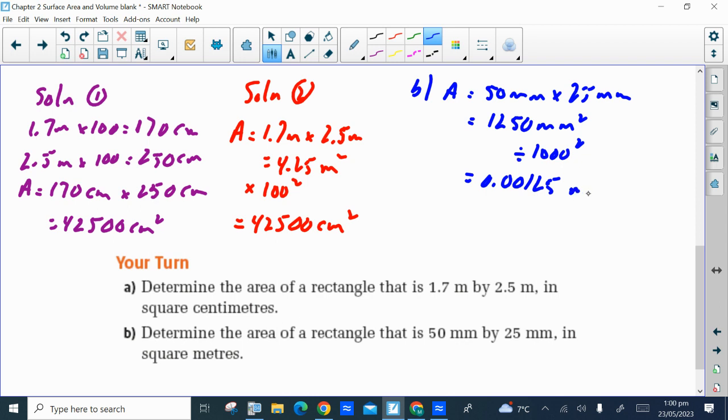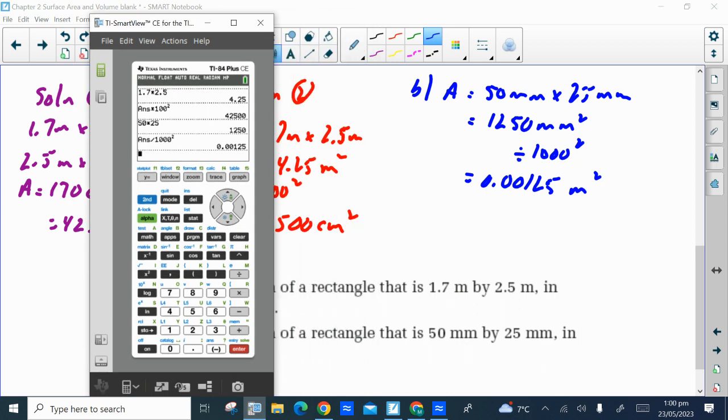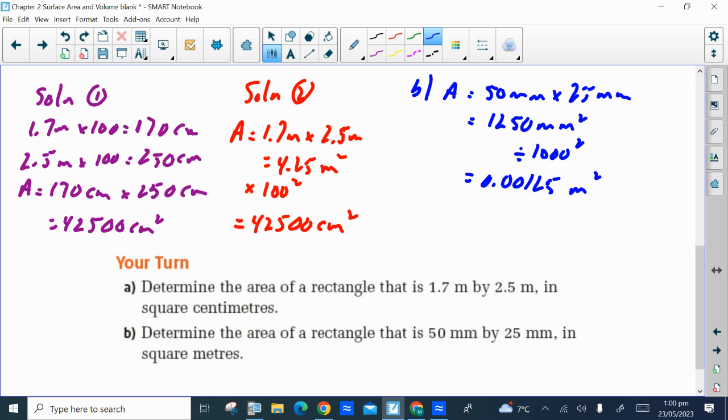And that would be in meters squared. So again, you could have taken the two original numbers and converted them to meters by dividing by 1,000. So it'd be 0.05 times 0.025. You get the same answer if you convert each of those to meters first. So again, both ways work.